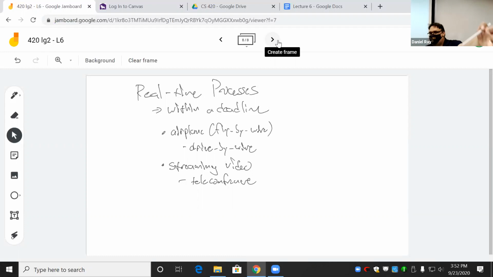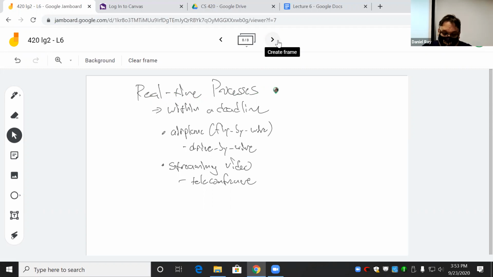And then it gets decompressed on the other end for people to see it. Well, if you don't compress the frame within the amount of time that you have to send it, and you don't decompress the frame within the amount of time you have to see it, then the video is going to look glitchy, and colors are going to be all weird, and you're not going to be able to see what I'm doing, right? This is a real-time process.